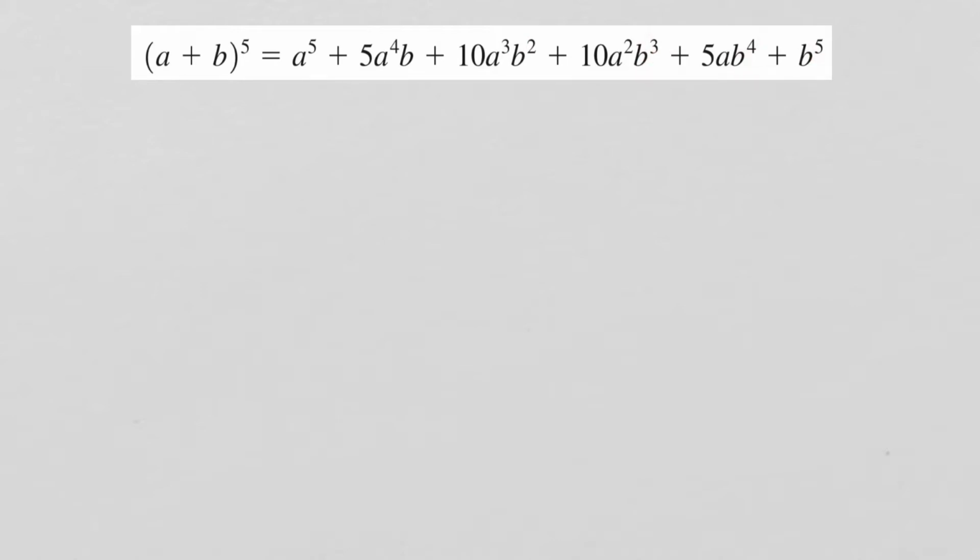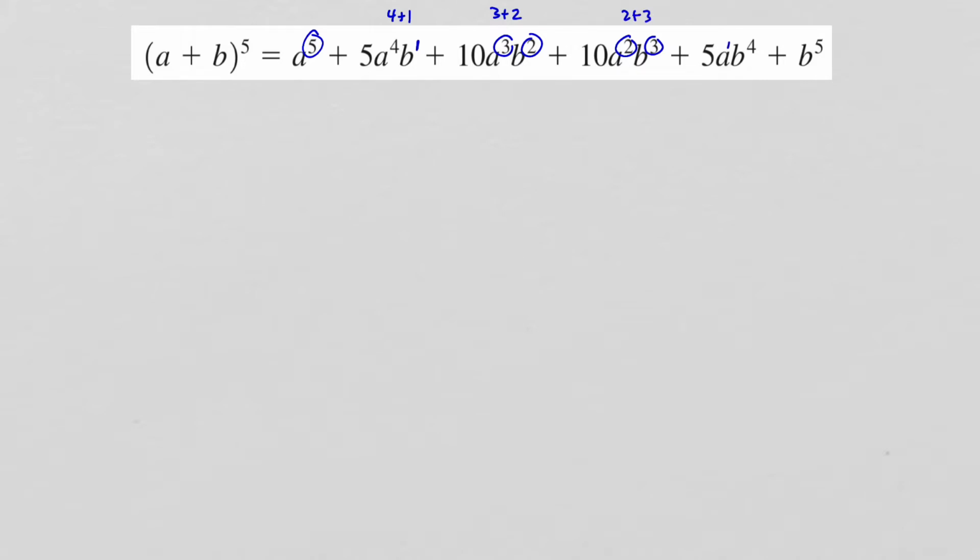The other thing I want to point out is that if you look at any one of these terms in particular, the sum of the exponents is always 5. So here the exponent is 5. Here, if you add those exponents, 4 plus 1, that's 5. If you add these exponents, you get 5, right? And we can keep doing this.